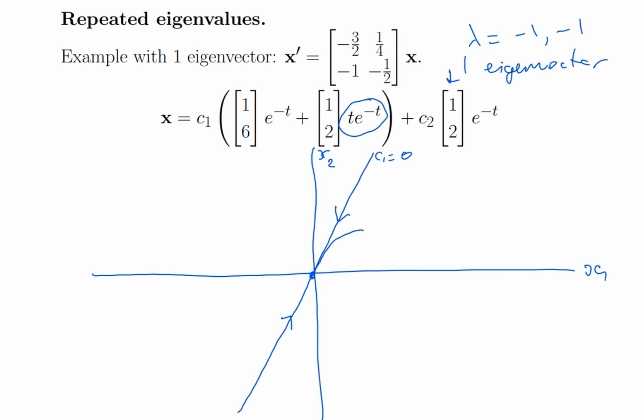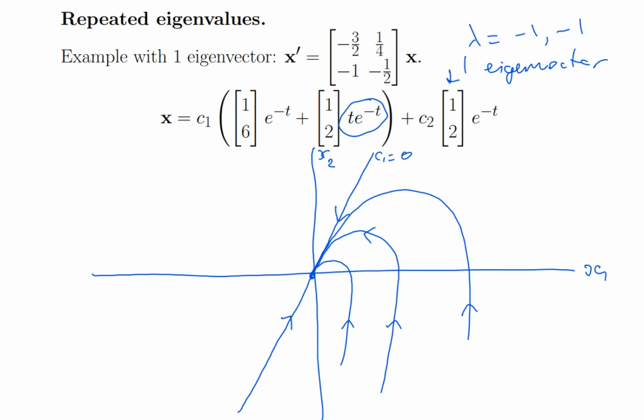So it must look like this. So these solutions here, as t goes along, I tend to the direction 1, 2 from this way, and as t tends to minus infinity, I have to swing around and point to the direction 1, 2 in the opposite direction.